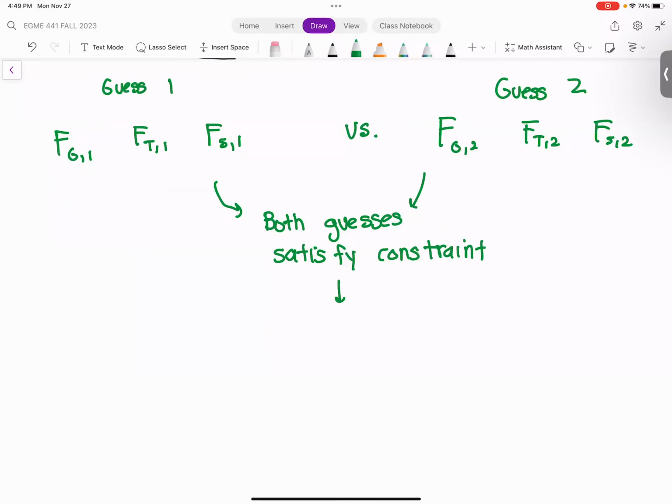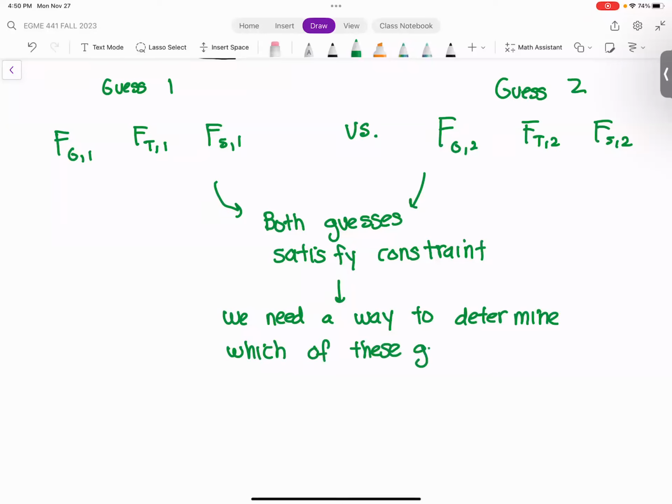And usually there is some criteria, based on the mechanics and the physics of your problem, to tell us whether one guess is better than the other ones. Okay. And so that's essentially the role that the objective function plays.